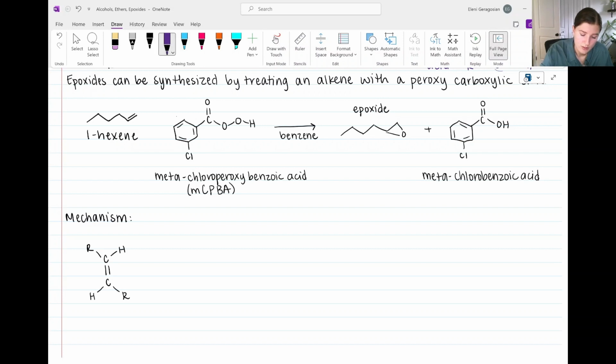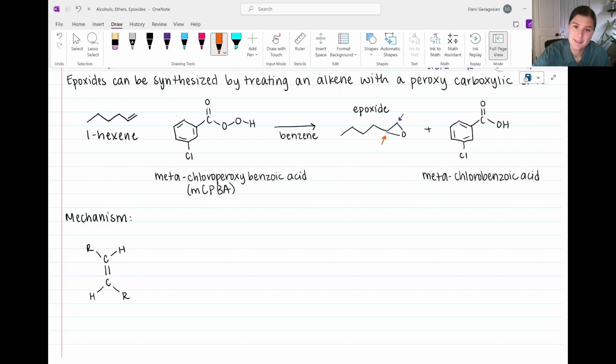In the 2 carbons that were part of the double bond that are now part of that 3-membered ring, this carbon here with that small purple arrow that I just drew, that carbon's bonded to 2 hydrogens, so there is no stereocenter there. But this carbon here, which I just drew that arrow in orange, that carbon's bonded to a butyl group and a hydrogen.